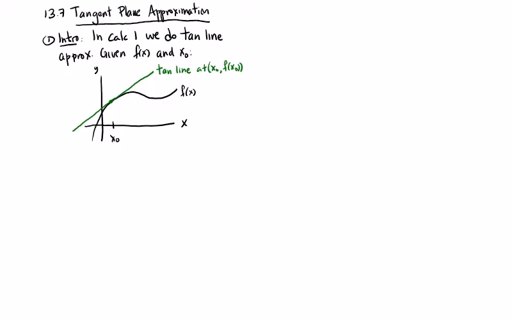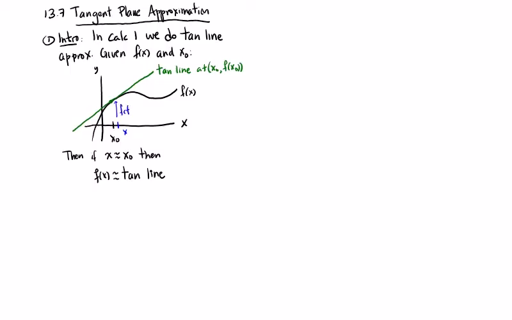We can make the following claim. If some other x is close to x0, then f of x is close to the tangent line. So in the picture, for example, if you have an x that's right here, if you go up to the tangent line, those are close, right?